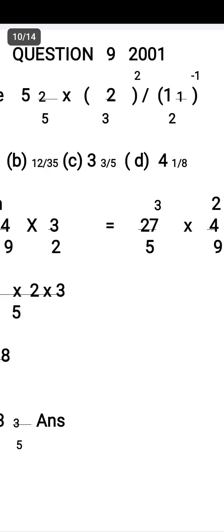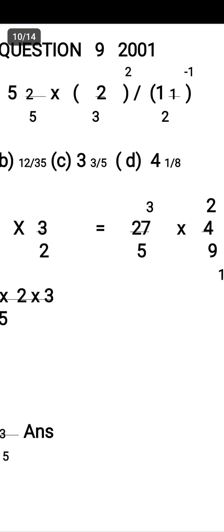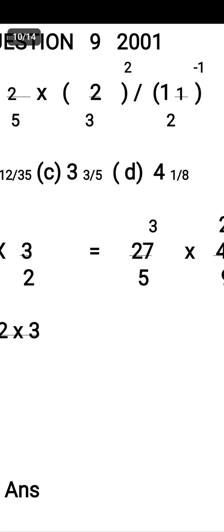The slash here means divide. Just put divide there for me as you are copying it with your biro. After 2 over 3 raised to power 2, put divide into bracket 1 whole number 1 over 2 raised to power minus 1.